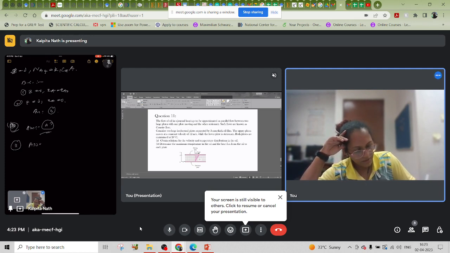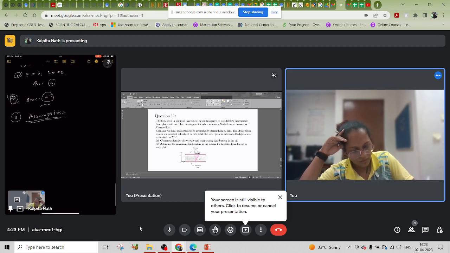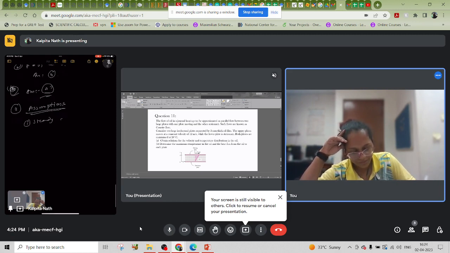First, let us set the assumptions. First is steady state operating conditions. Then oil is incompressible.